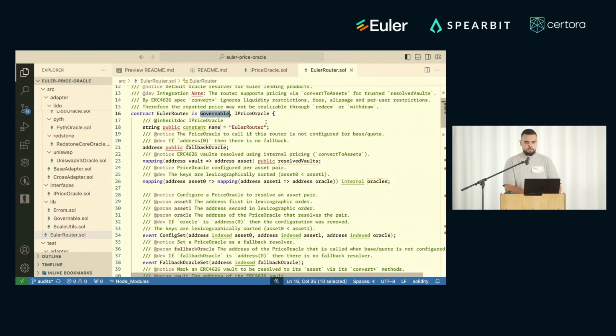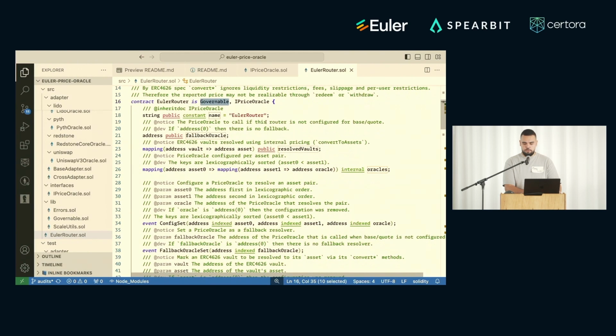So there is one authorized address that can set these three variables: a fallback, a list of resolved vaults, and a mapping of base and quote to an oracle.